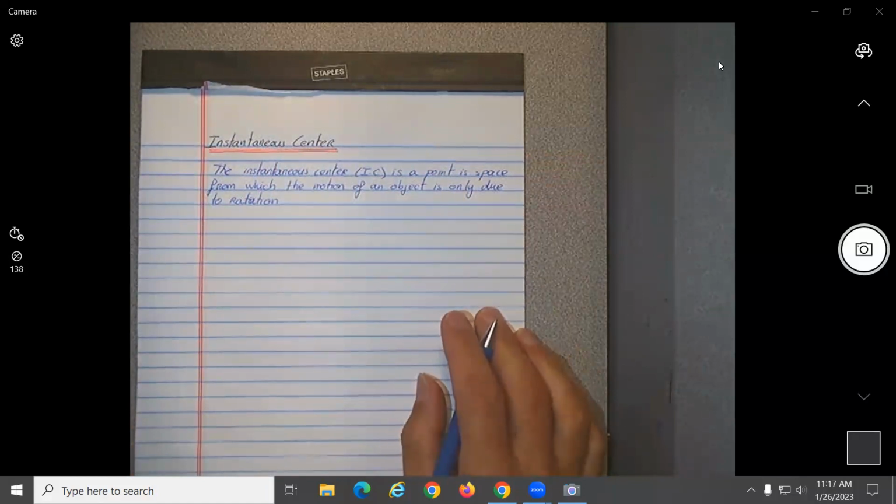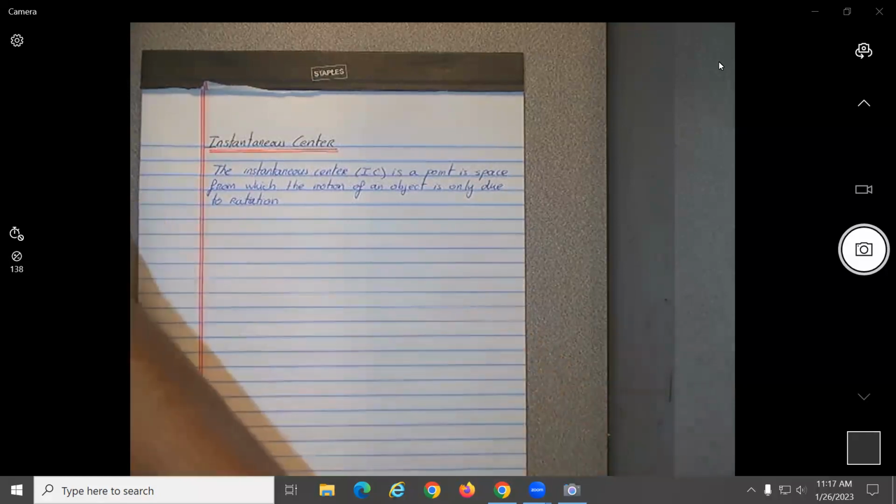But that does not mean that the real motion of that object is rotation. But at that instant, from that point, the motion of that object will look like it was in rotation. Okay?